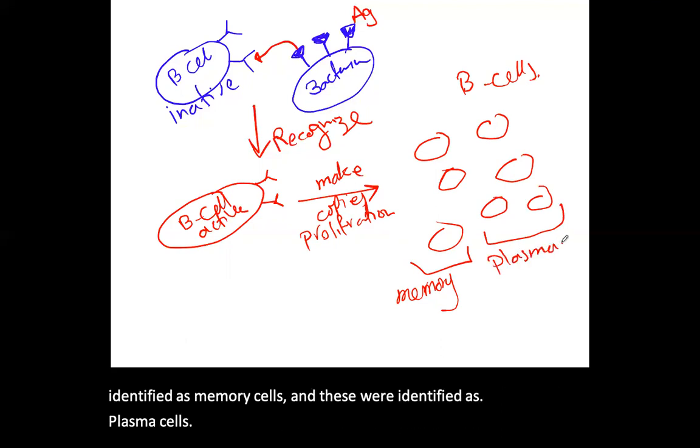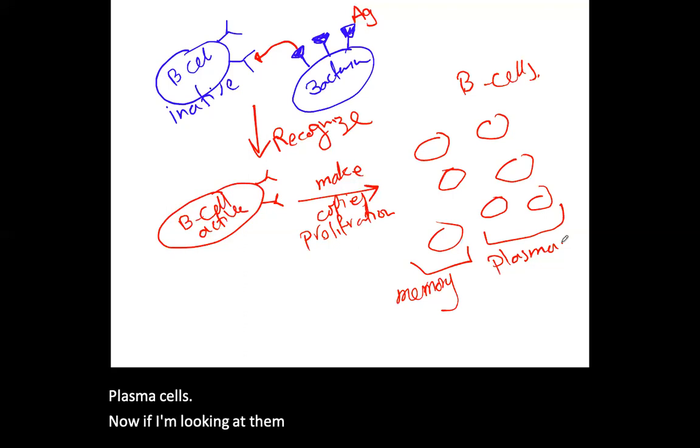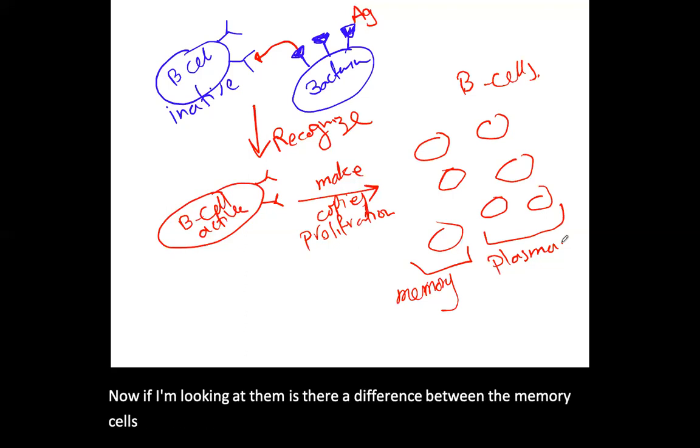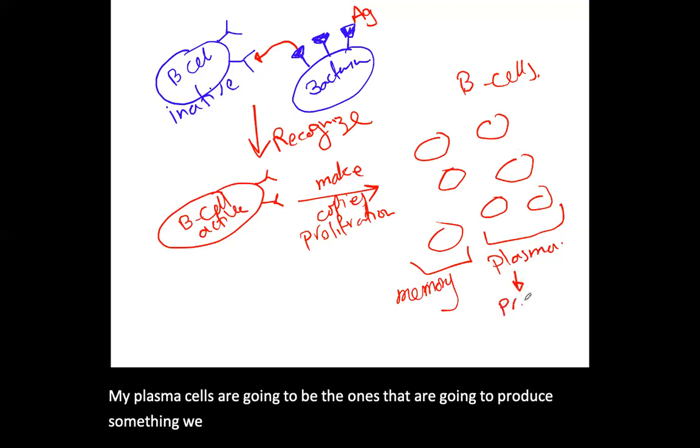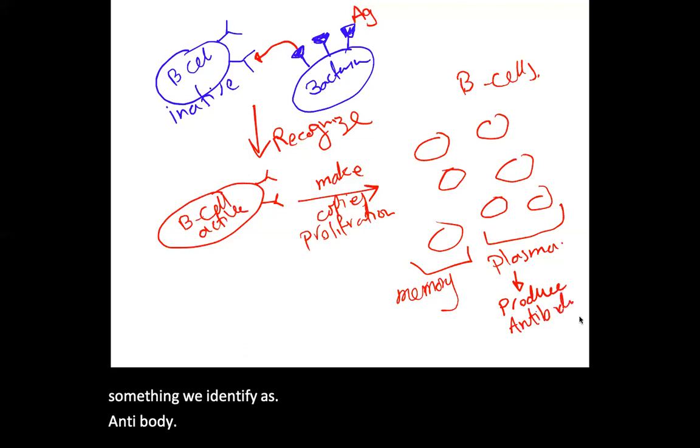Now, if I'm looking at them, is there a difference between the memory cells and the plasma cells? No. So what is the difference? Why do I have these two types? My plasma cells are going to be the ones that produce something we identify as antibody. So what is antibody going to do?